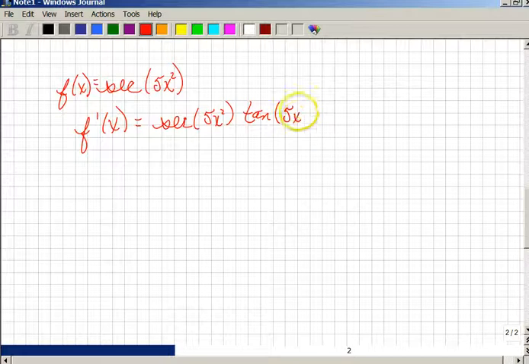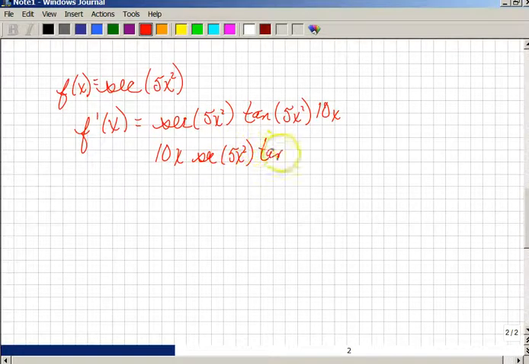And again, chain rule applies, so you go to the inside, or the parentheses, you take the derivative of that. 5x squared, of course, is 10x. There's our final answer, which we would probably write as 10x secant 5x squared tangent 5x squared. Done.